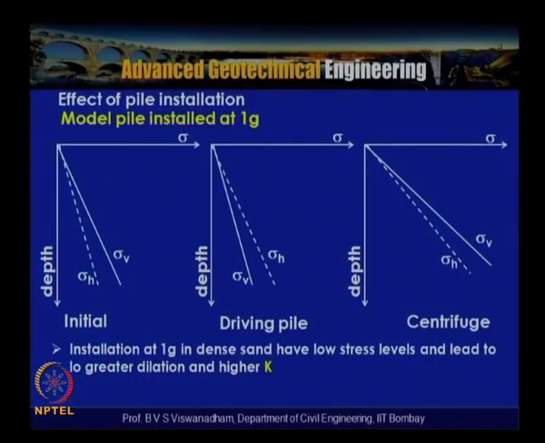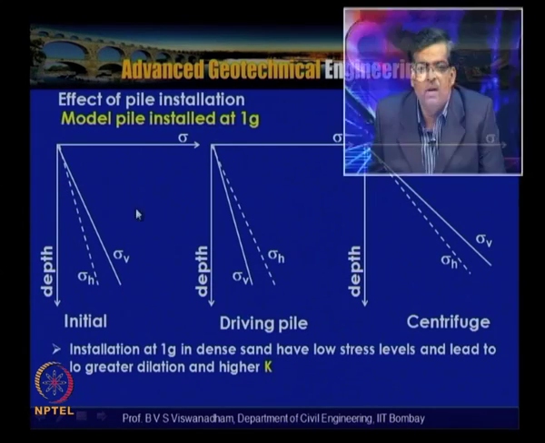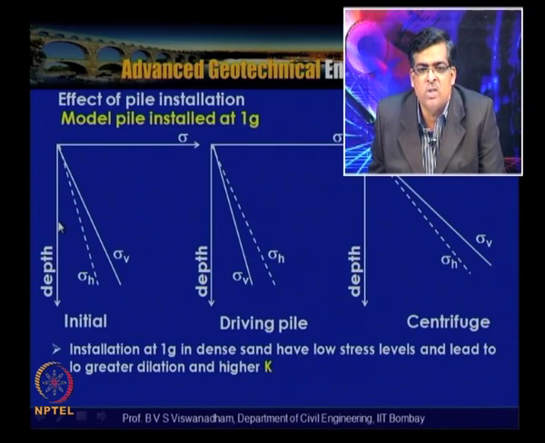So now let us say you have a model pile installed at 1G. If you take an element very close to the pile, sigma v is the vertical stress and sigma h is the horizontal stress.